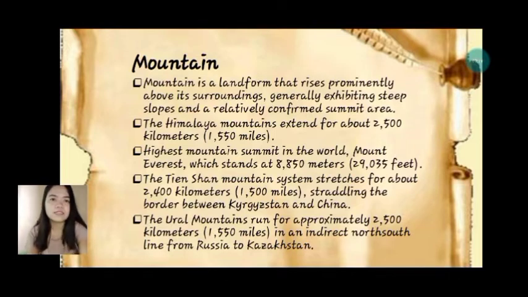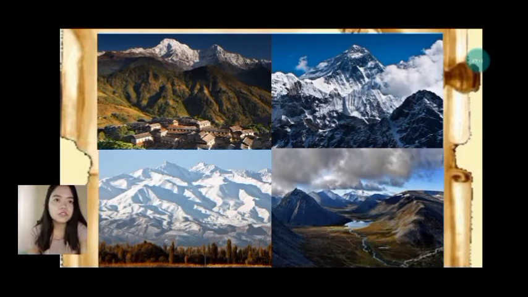So the first one, the one at the top on the left side, is the Himalayas Mountain. And the one beside it is Mount Everest. And the one at the bottom on the left side is the Tian Shan Mountain. And lastly, at the bottom on the right side is the Ural Mountain.